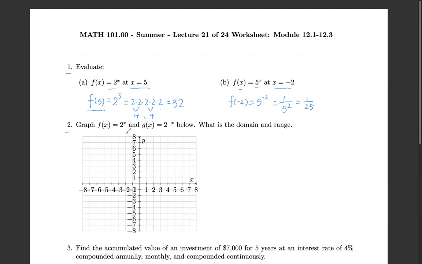So number 2 is graphing those two functions. I have an f function defined as 2 raised to x, and a g function defined by 2 raised to -x. So let's make a table of values. Whenever we graph functions, we can go to table values.